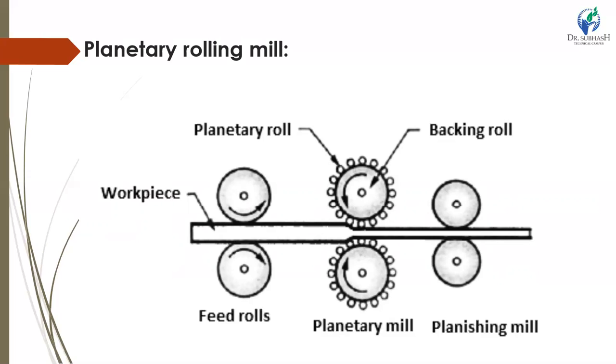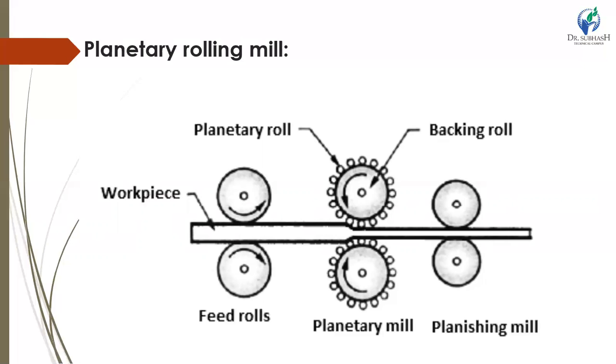Planetary rolling mill consists of a pair of heavy backing rolls surrounded by a large number of planetary rolls. You can refer to the figure. In this figure, there are six rolls given.